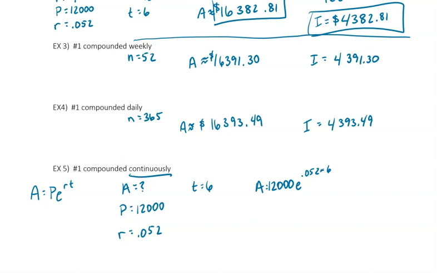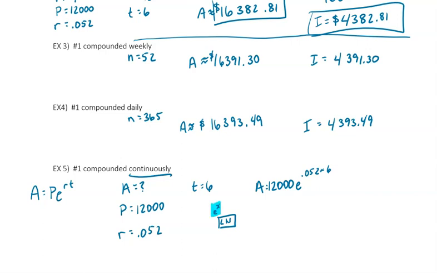If you are using a TI-83 or TI-84, you can find the E to the X button above the LN button. So you'll see a button that says LN on the left side of the calculator. And you'll see a little blue E to the X above that.